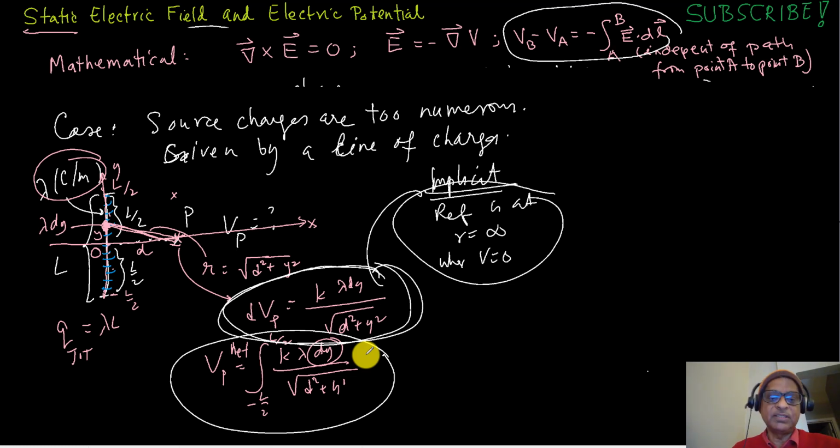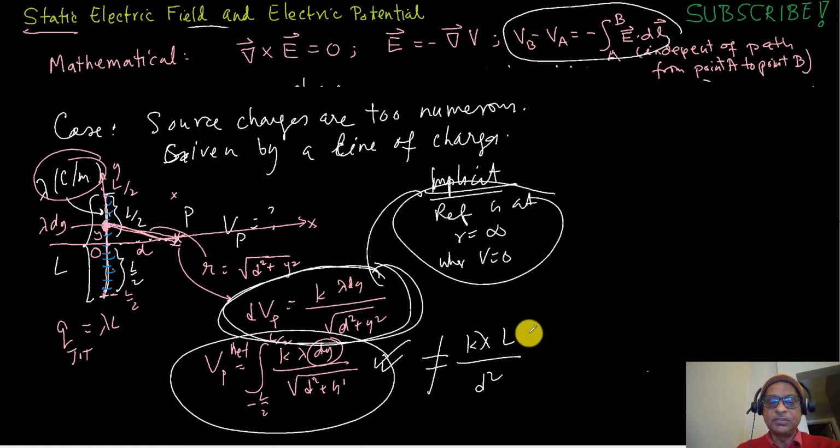I'll just leave this for you to do. It's not a very difficult integral. And it would not be K lambda L over d, it's not going to be like that. You can't put all the charges over here and then say there's the same potential, because the charges are in different places.